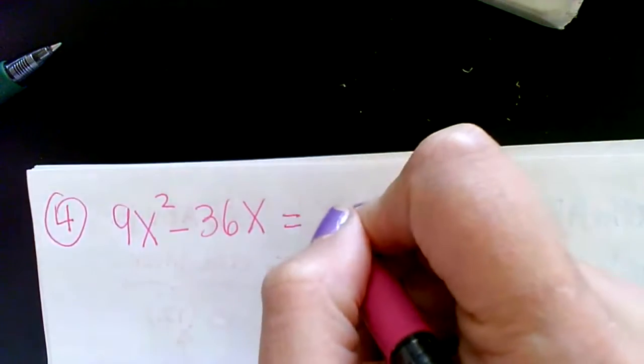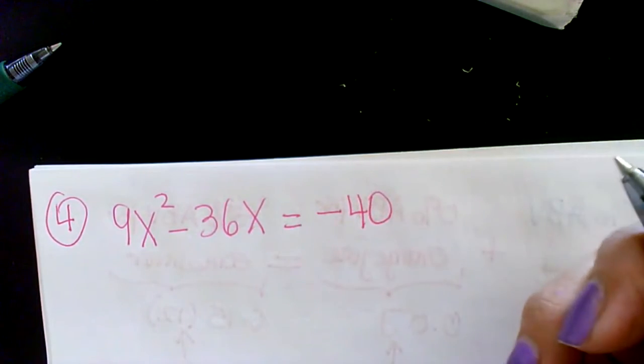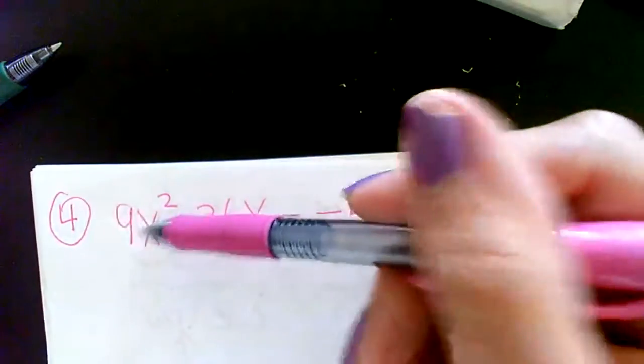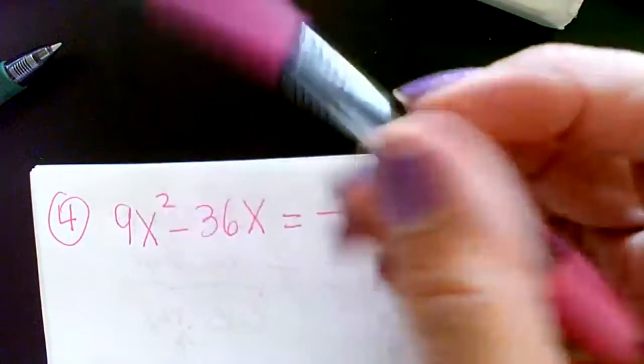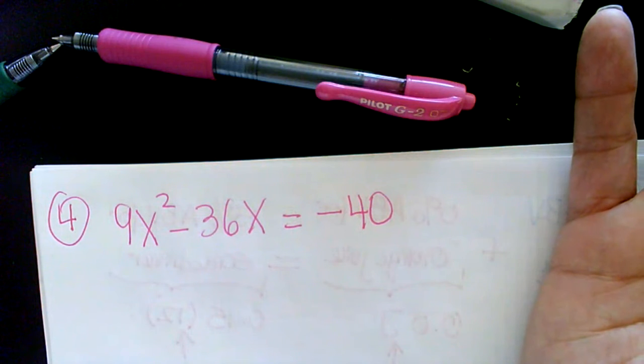Number 4, equals to negative 40. So first, the leading coefficient is not 1. So what do I need to do? I need to divide the entire equation by that leading coefficient.